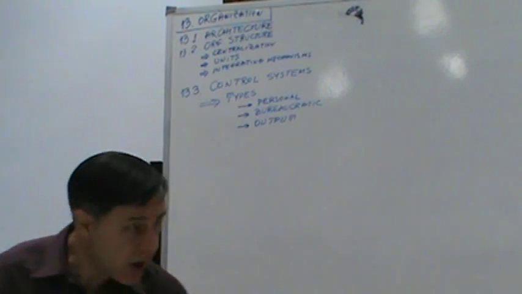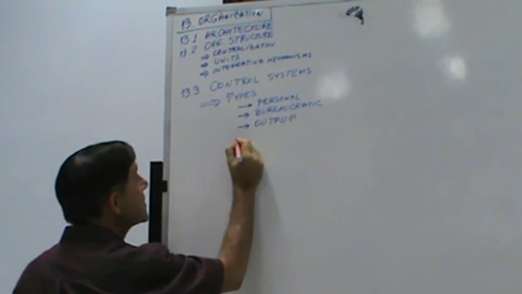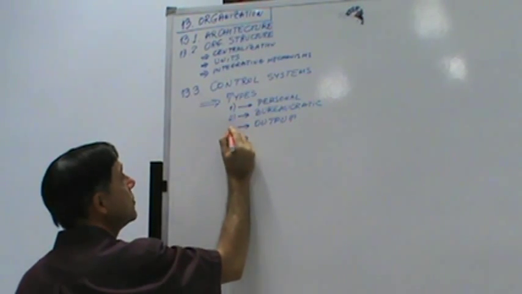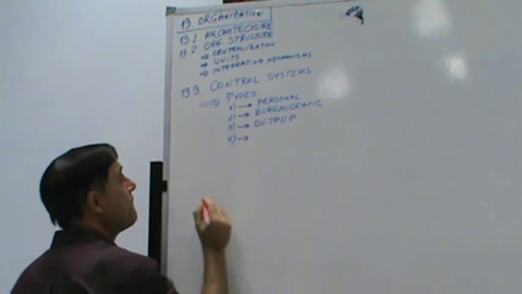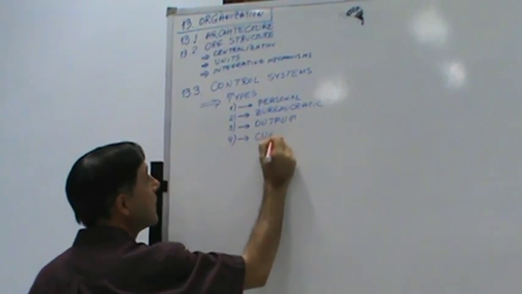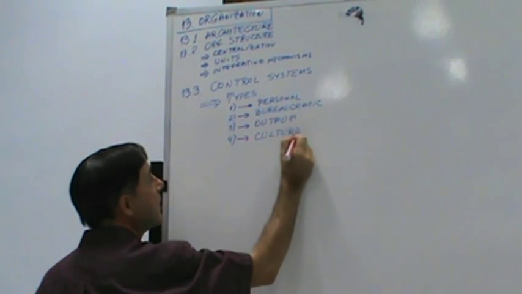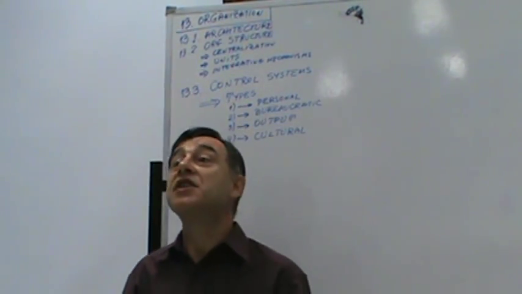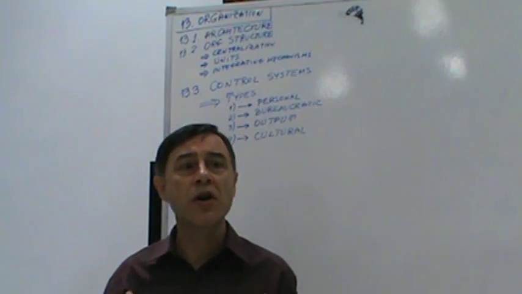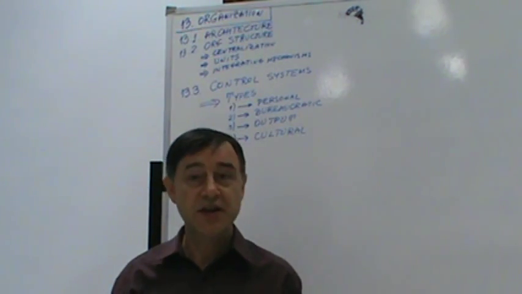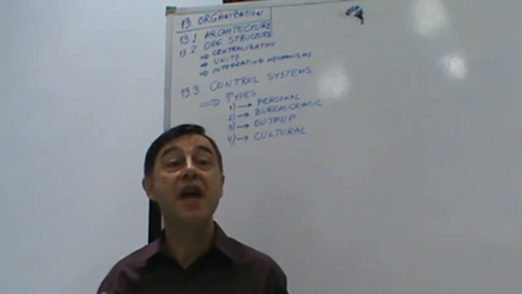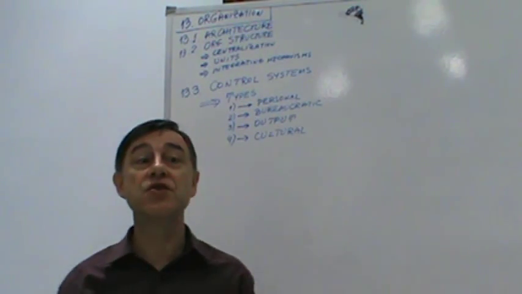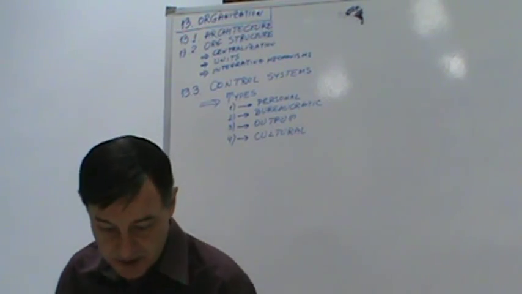And number 4, the last type, so we have 1, 2, 3, 4: cultural controls. You may have strong culture, and strong culture affects employees' behavior significantly, and weak culture does not affect people significantly.